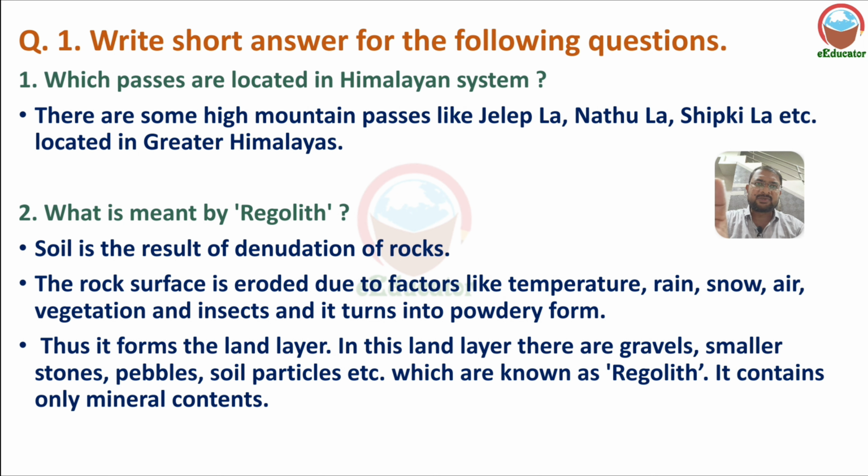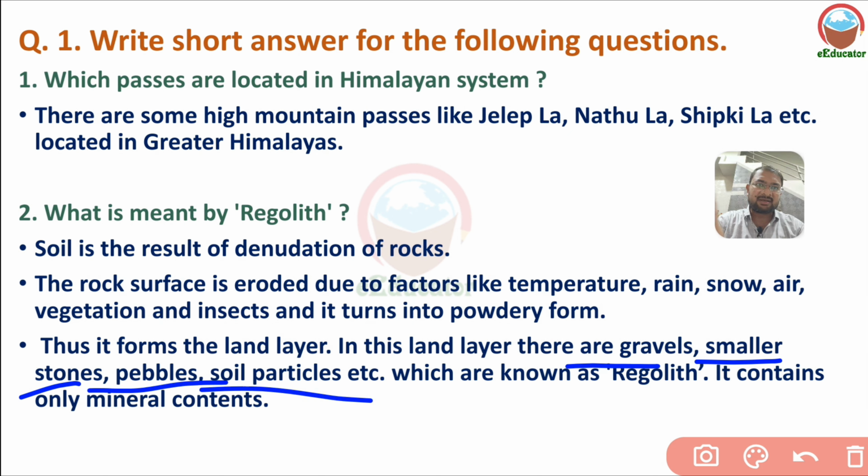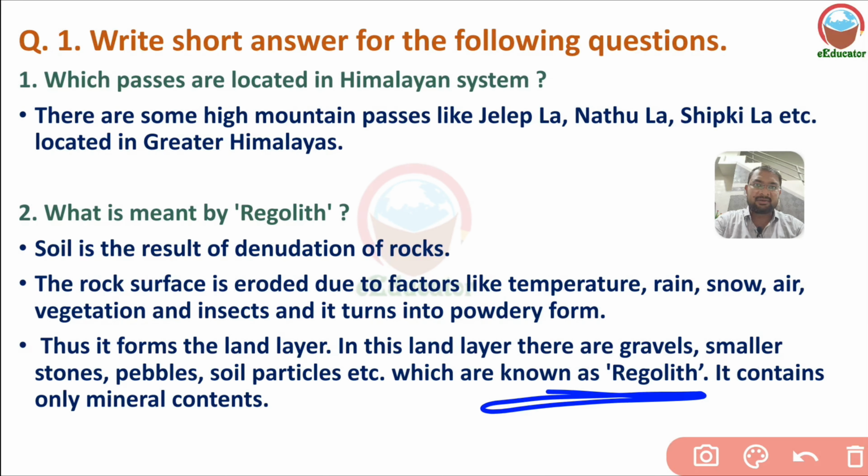A big rock is broken into particles, and there is gravel. In the layers formed from large boulders, we find gravel, smaller stones, pebbles, and soil particles all mixed up, and this is known as regolith, and it contains only minerals.